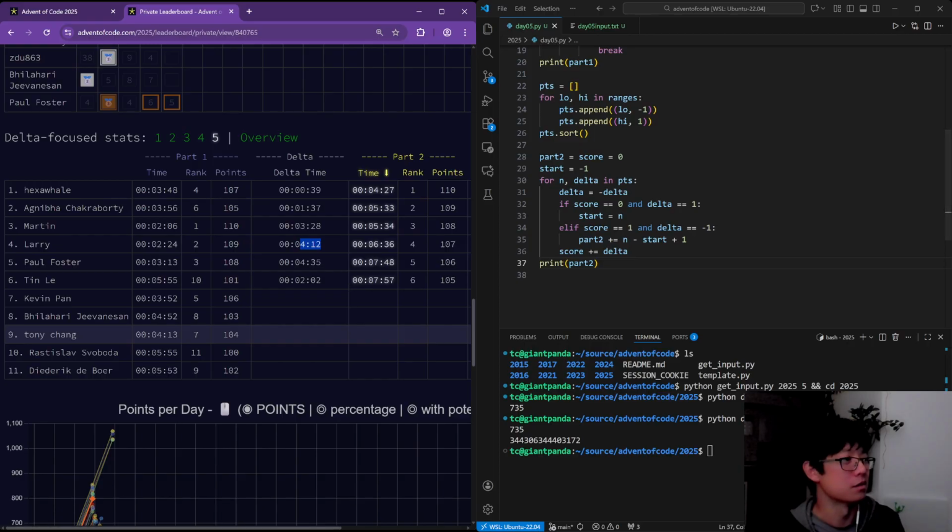I don't see a day 5 solutions. Do I know how to do that even?